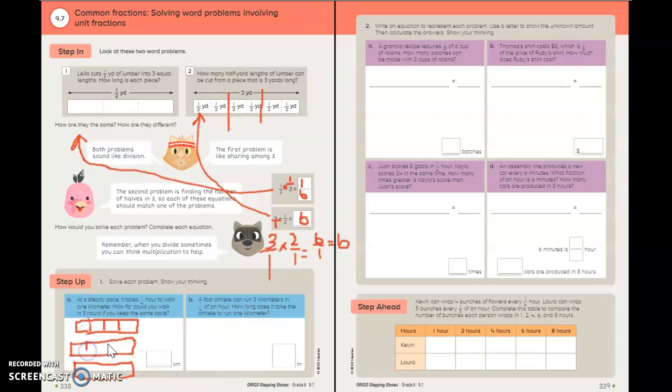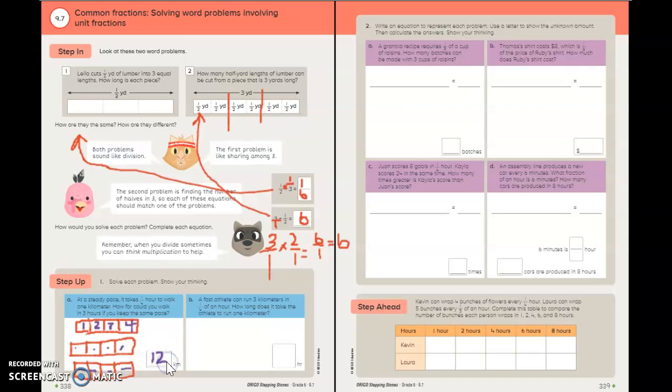Okay, so I break these up into fourths. Now they're saying how many kilometers did you walk if you walked 1 kilometer for every 1/4 of an hour? So here you walked 1, here you walked 2, 3, 4, 5, 6, 7, 8, 9, 10, 11, 12. So my answer there would be 12.